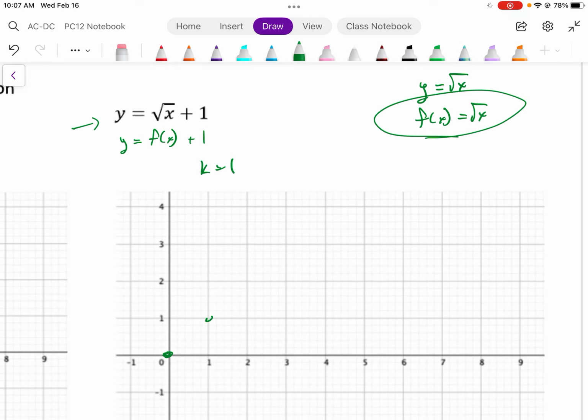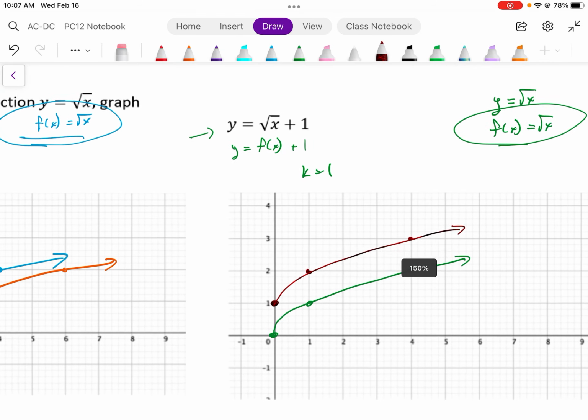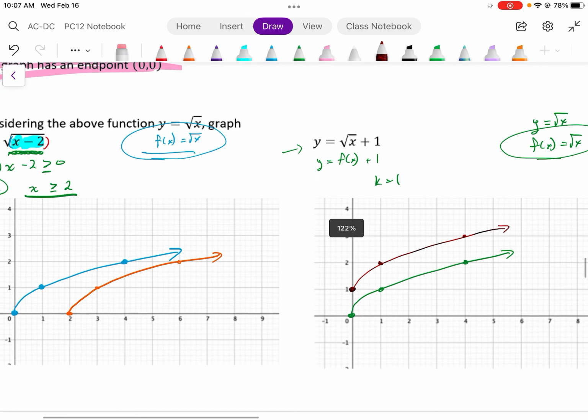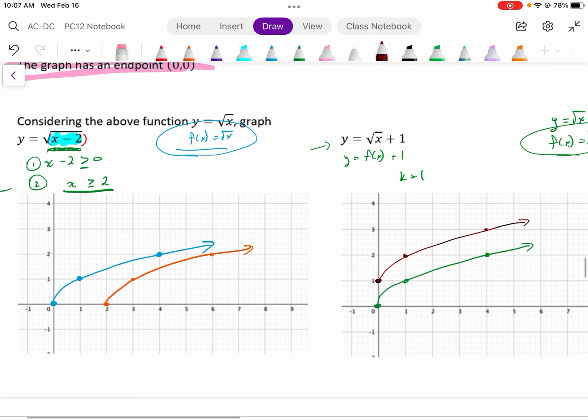So here's my parent function. I'm just going to quickly sketch that out. There you are, a nice curve at the beginning. There it is. And now I am just going to shift this up 1 unit. And I have graphed 2 radical functions.